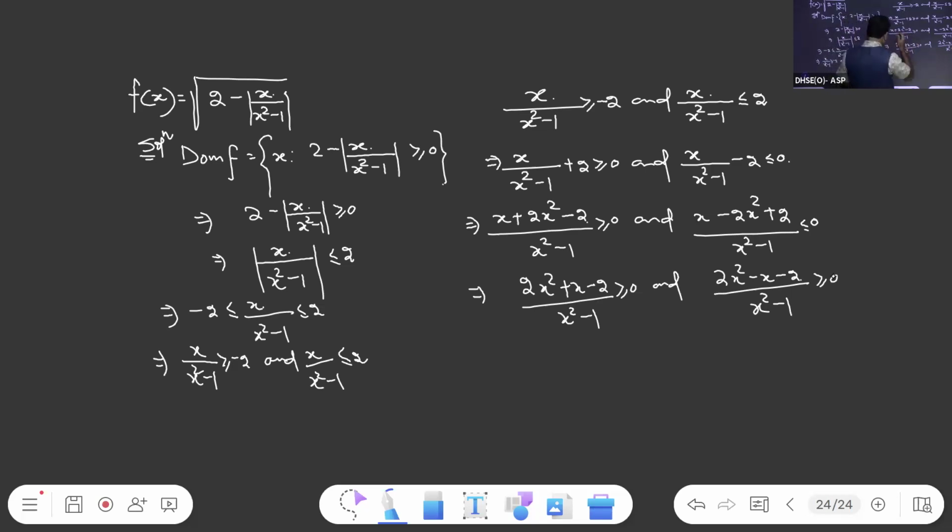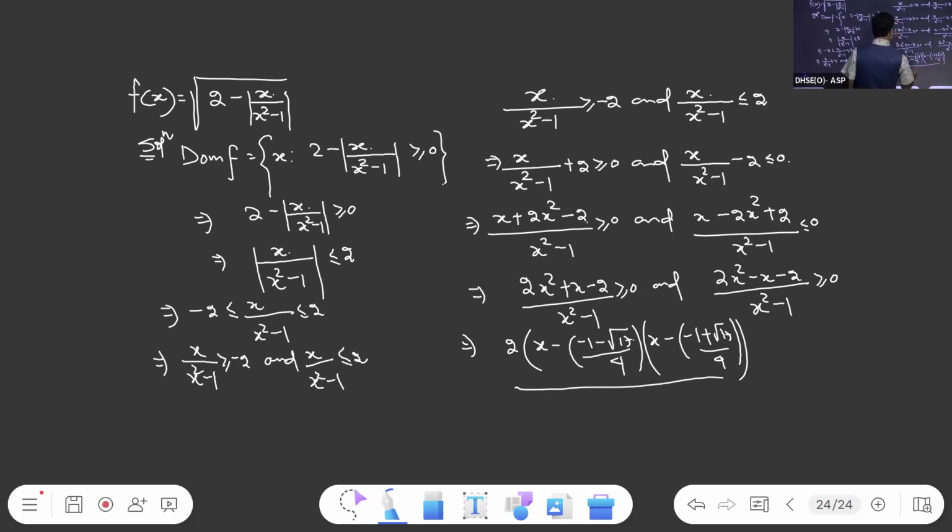So it becomes upon x plus 1 into x minus 1 greater or equal to 0.